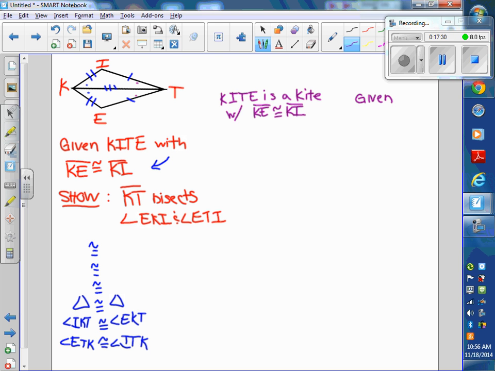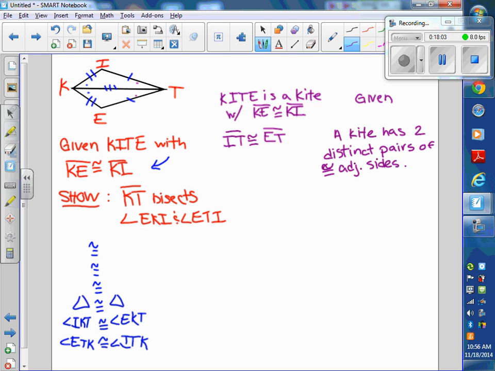Then I'm going to have to also say IT is congruent to ET. A kite has 2 distinct pairs of congruent adjacent sides.